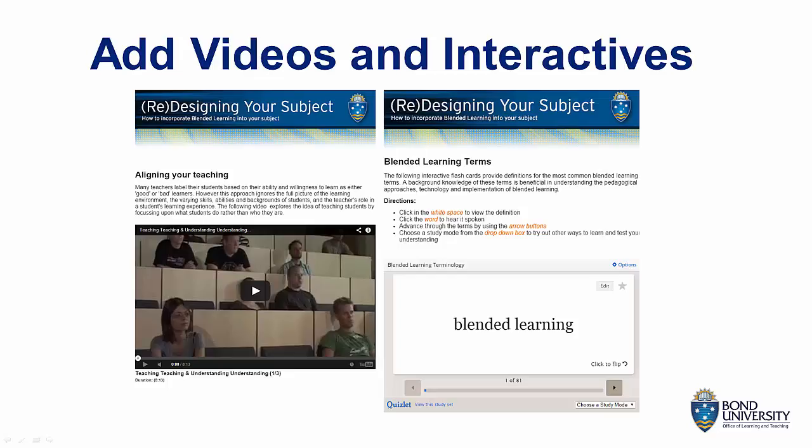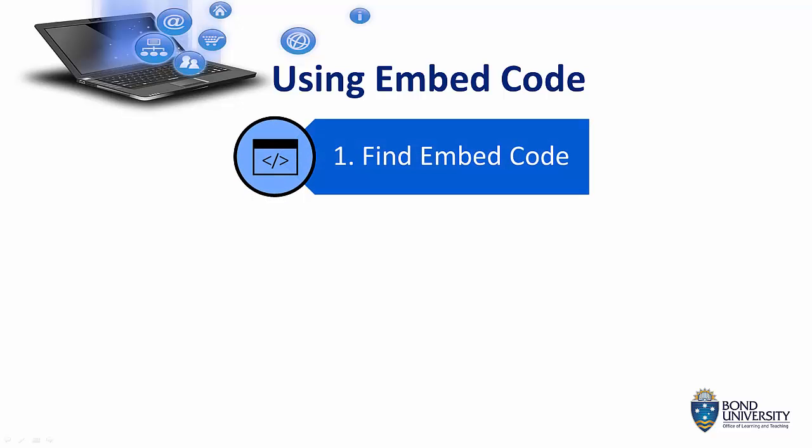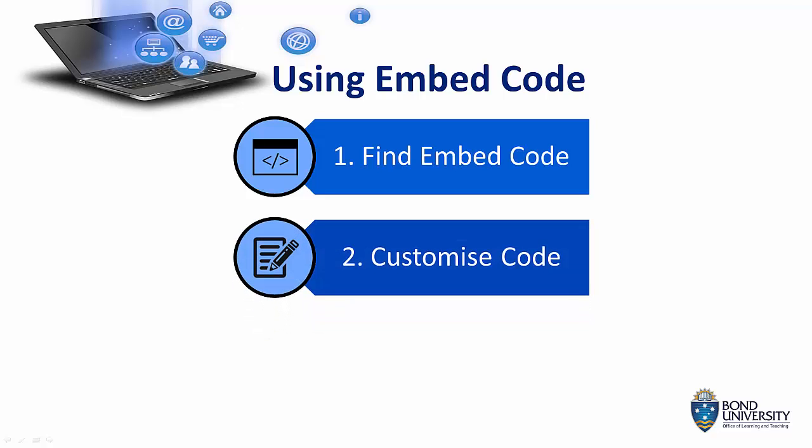So there are basically 3 steps to using Embed Code within your iLearn site. The first step is to find Embed Code. You can find this quite easily on a number of very popular websites, and I'll go through some examples of that shortly. The second step is to customize the code.